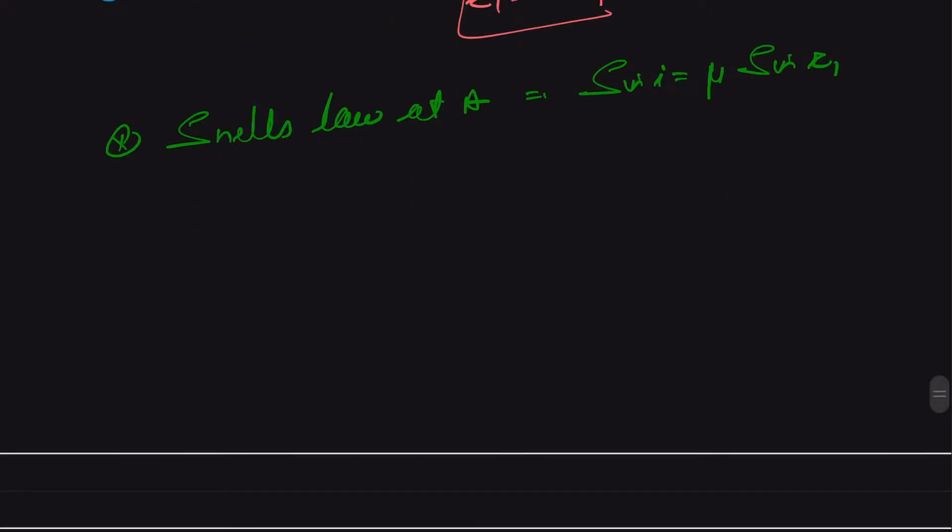Now it is easy to solve. Mu is square root of 2, R1 is 45, and sine of 45 is 1 by square root of 2. These two terms cancel out, giving 1. Therefore, the angle of incidence is 90 degrees.